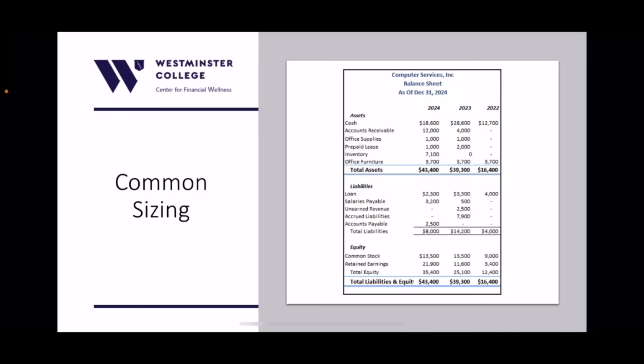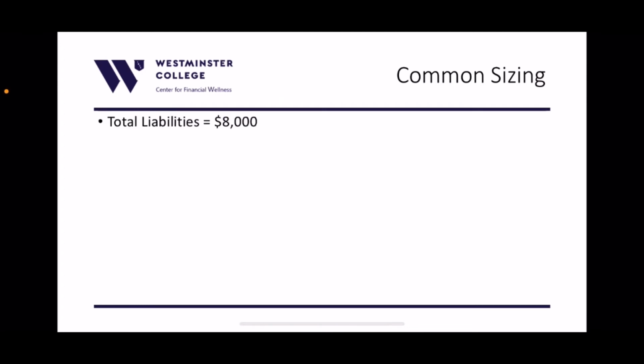We can also take a look at using a base variable from our balance sheet. In this, we'll be using our total assets of 43,400, and we'll be looking at common sizing our total liabilities of 8,000. So we have total liabilities of 8,000, and we have total assets of 43,400.